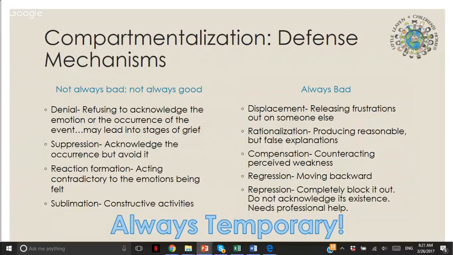That's fine. There's nothing wrong with that. Now, suppression is bad when, at all costs, you avoid feeling angry. Like you refuse to put yourself in a position where you can get angry. That's when suppression is bad.